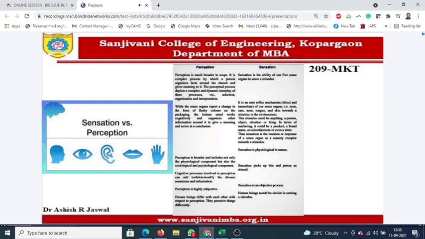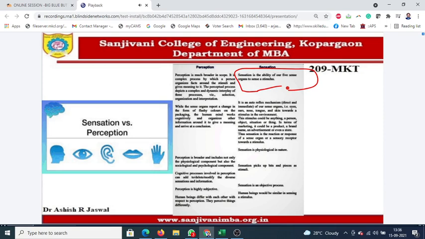Dear students, when I talk about the difference between the two, the first thing is sensation. Sensation is the ability of our 5 senses, 5 organs, to sense a stimulus. What does it mean? What are our sense organs? Sense organs are eyes, ears, nose, tongue, and skin.